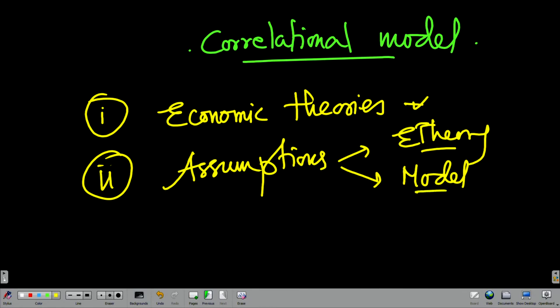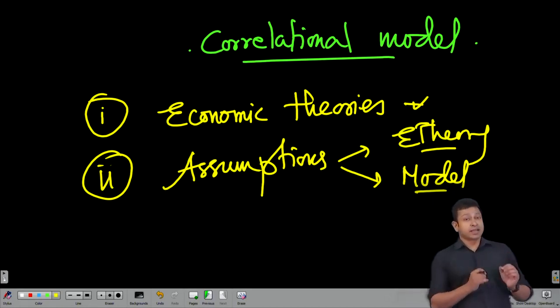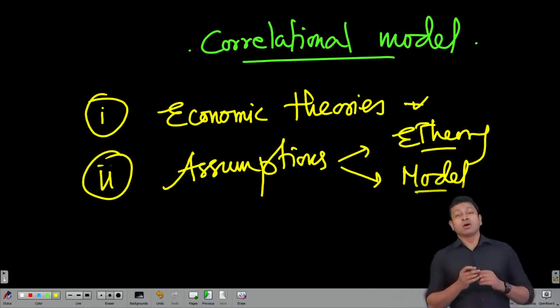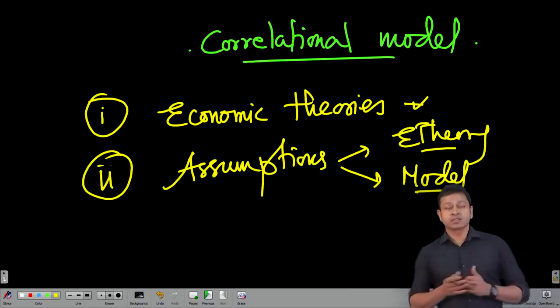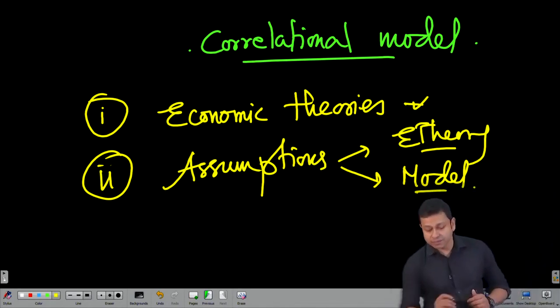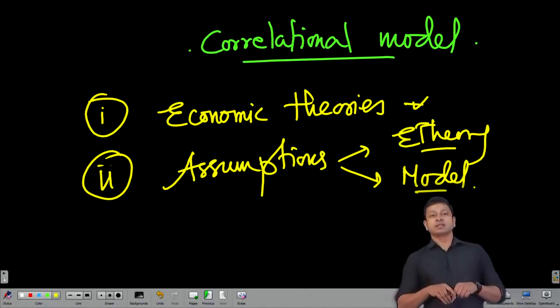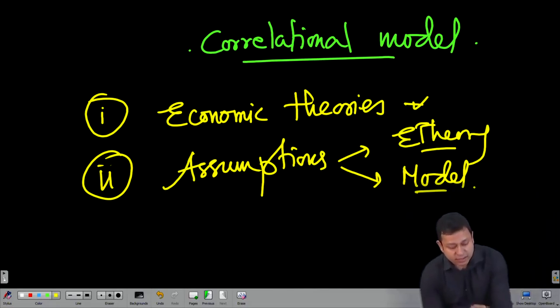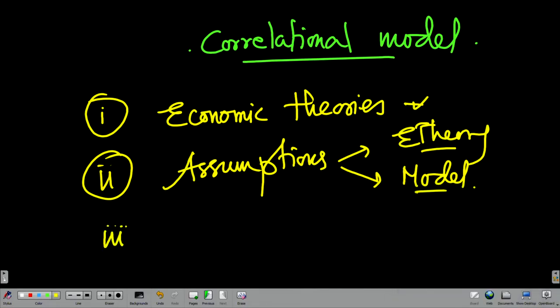Similarly, when you are building your model and doing different tests, you are assuming normality of the variables, or the distribution, or the properties of standard error and so forth. All these assumptions you make when building the model create a boundary within which your model is correct. So that is another way we try to ensure the econometric model is correct, by making assumptions.